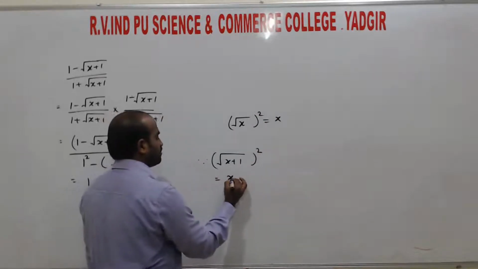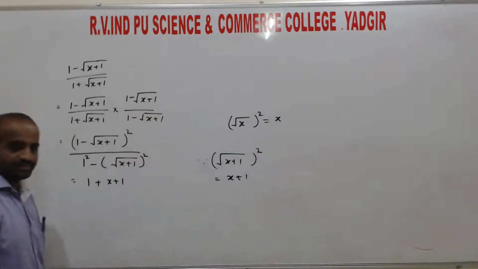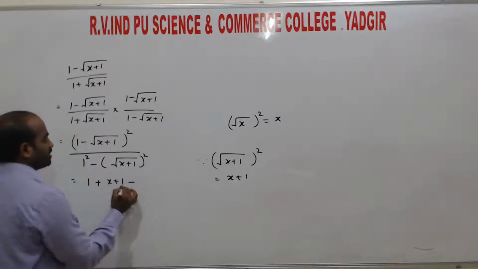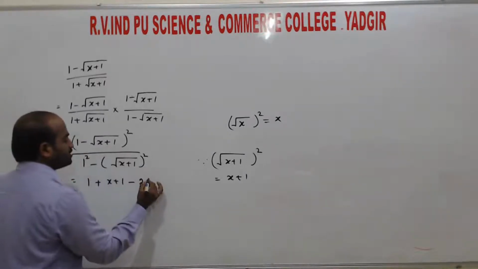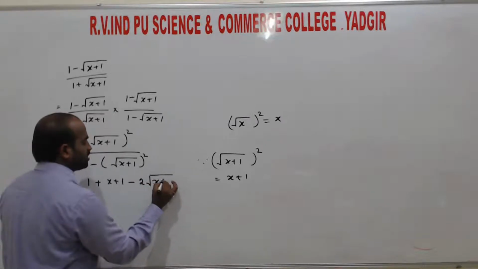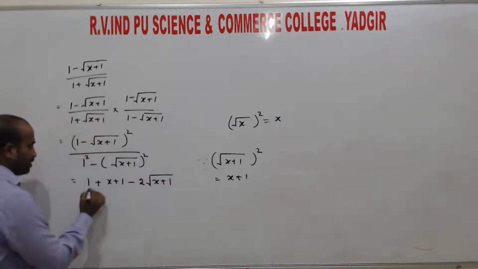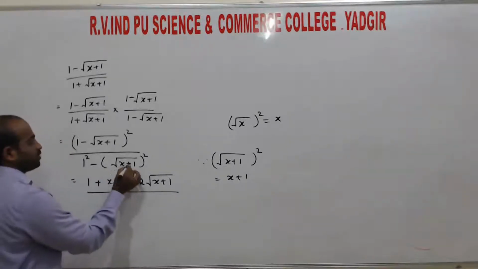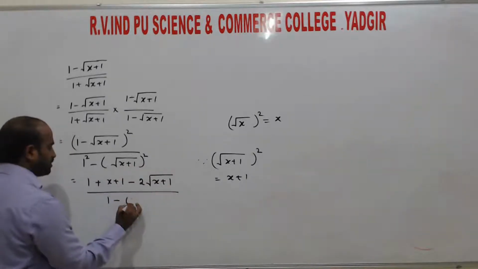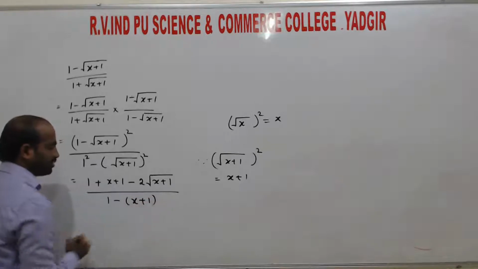This one is also the same, x plus 1. Okay, minus 2ab. A is 1, b is root of x plus 1. Okay, whole divided by 1 minus root of x plus 1 square is x plus 1.